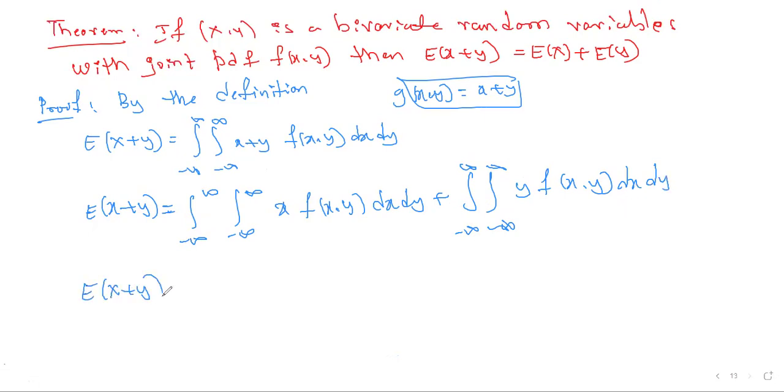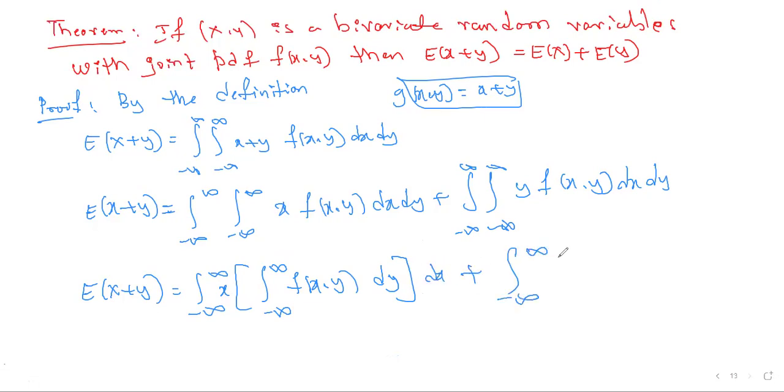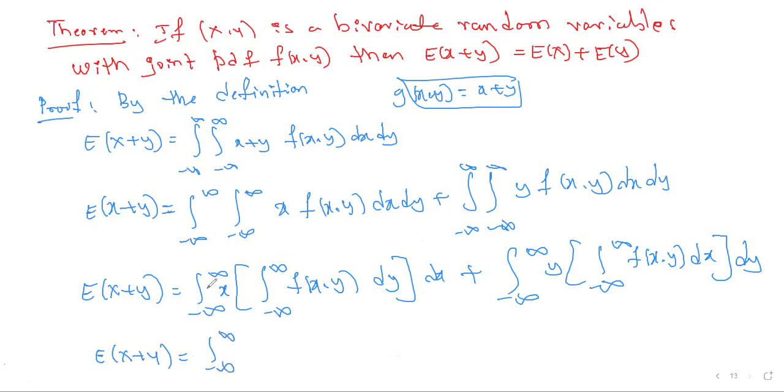So the expected value of x plus y is equal to the integration from minus infinity to infinity, I will take x common here, x times one more integration from minus infinity to infinity of f of x comma y dy dx, plus the integration from minus infinity to infinity, I will take y common, of the integration from minus infinity to infinity of f of x comma y dx, and dy.